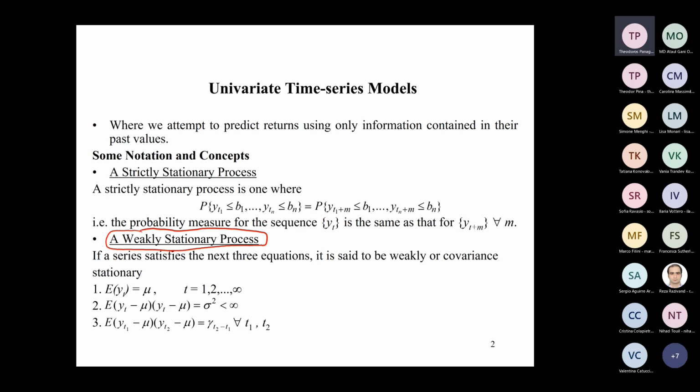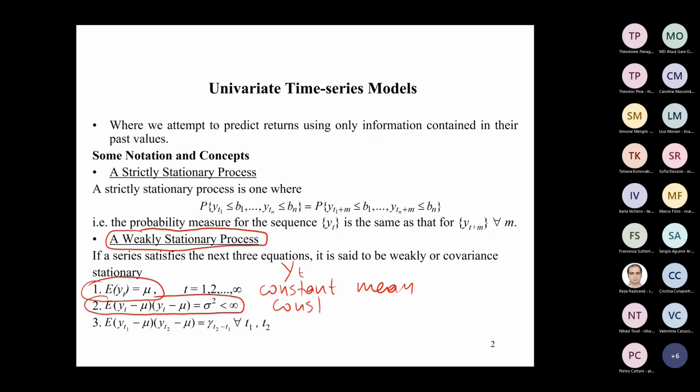The very first definition that we need is what a stationary process is. A variable y is stationary if it has a constant mean, if it has constant variance, and if it has constant covariance.